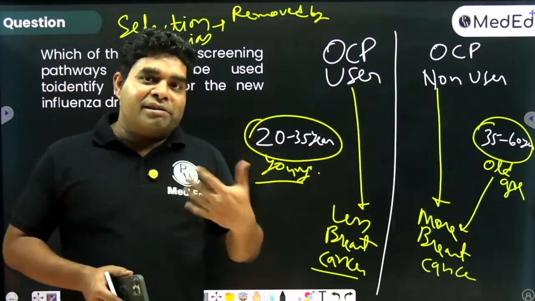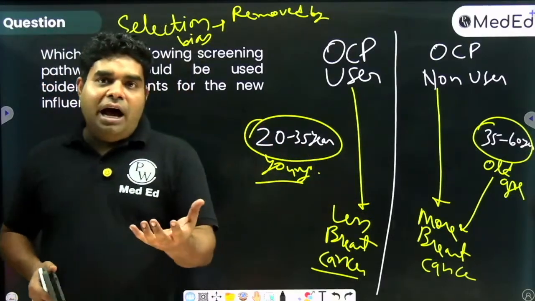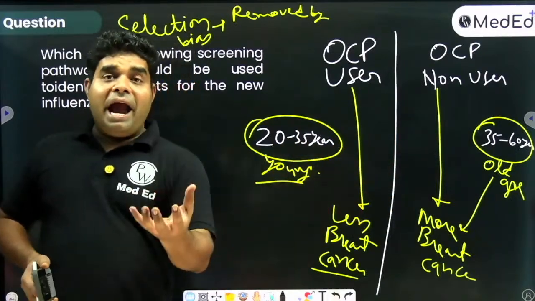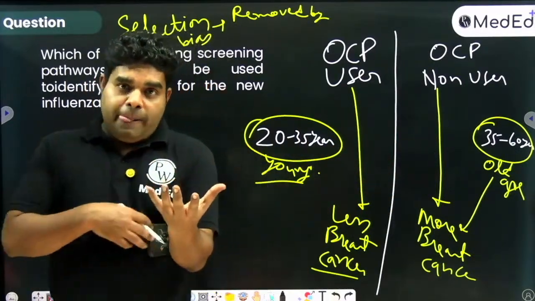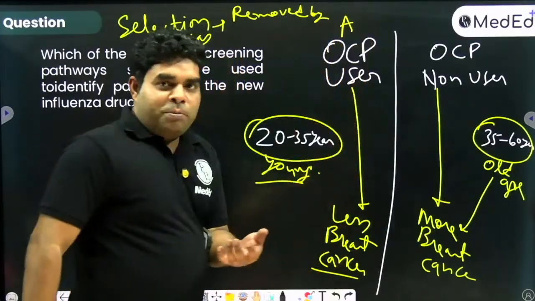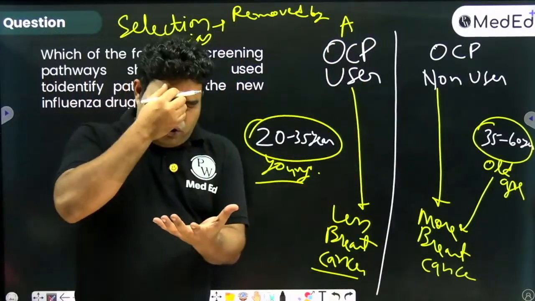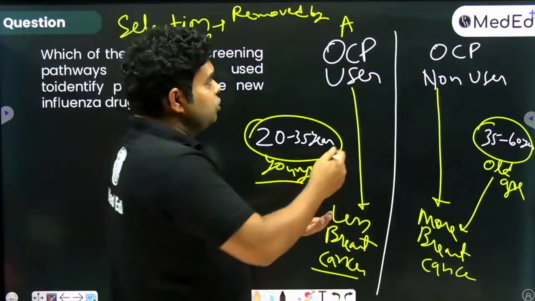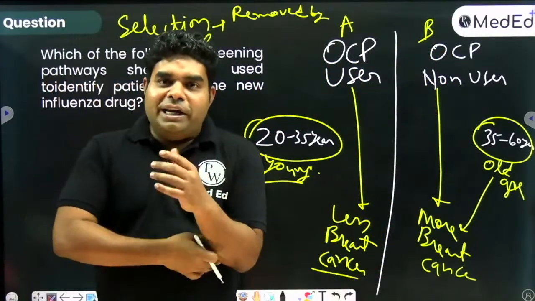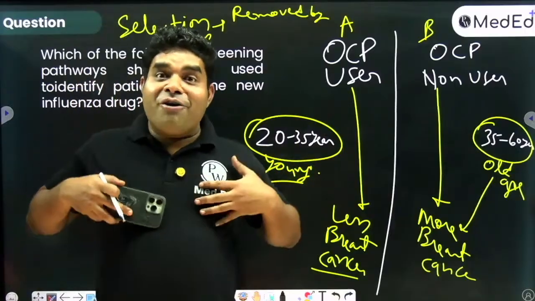So similarly, if you are selecting wrong people and making a mistake in that, don't select. And how will you not select? Ask all the participants, all the females, to come and randomly choose from a chit. Whoever chooses chit A gets the OCP user group. Whoever chooses chit B gets the OCP non-user group. Okay. So if they are randomly going, we are not selecting anyone.